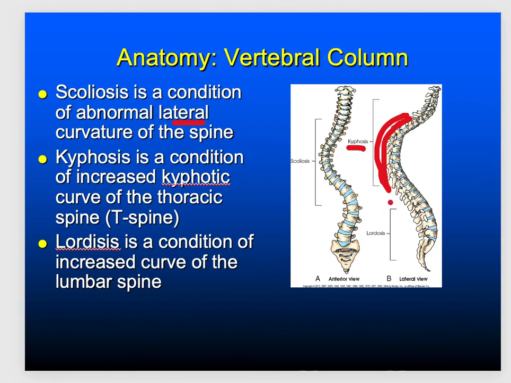Lordosis in the lumbar spine: the more concave that becomes, the more lordotic a position the patient is in. It's a condition of increased curvature of the lumbar spine. So lumbar for lordosis and thoracic for kyphosis.